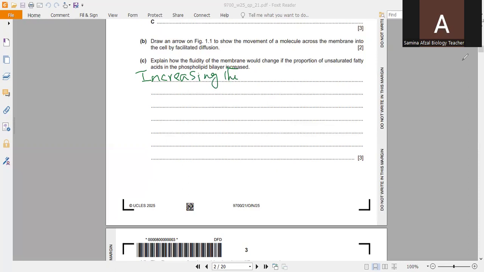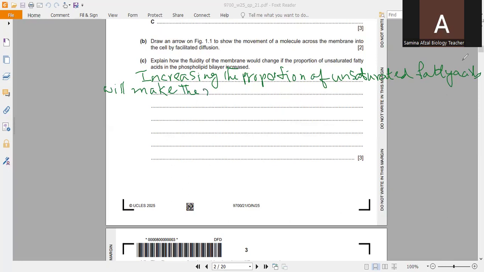Increasing the proportion of unsaturated fatty acids will make the membrane more fluid, because they contain carbon to carbon double bonds.